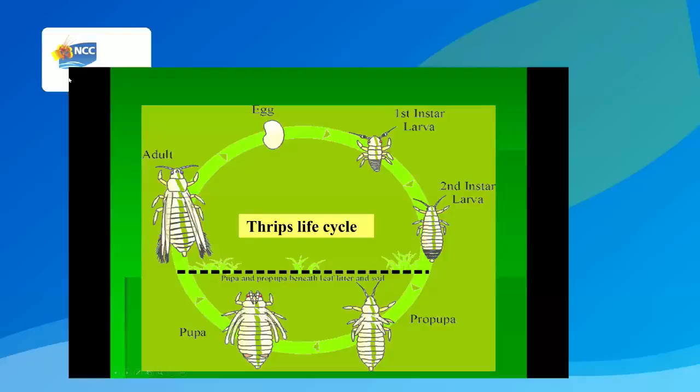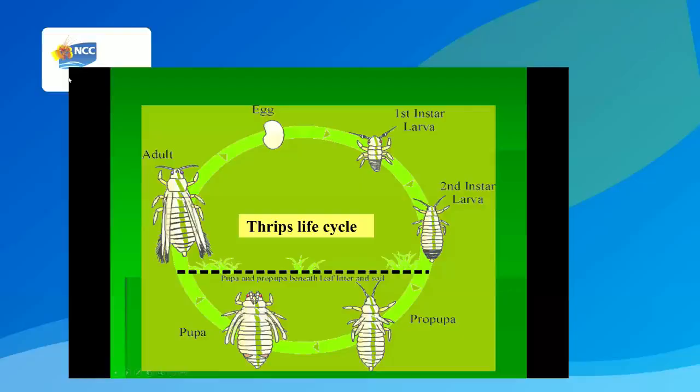However, when these eggs hatch out, they go through two larval instars or stages, which feed voraciously on the plant leaves or fruit. And after that, they will usually fall off the plant and go into leaf litter or soil beneath those plants.